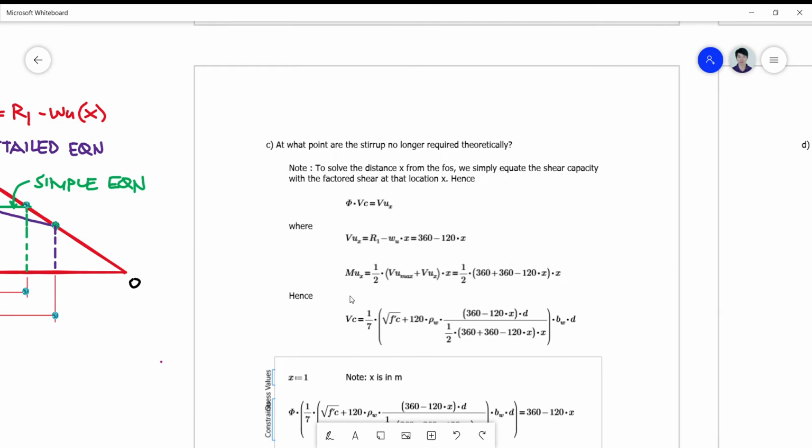This is the equation that we refer to as your detailed equation.